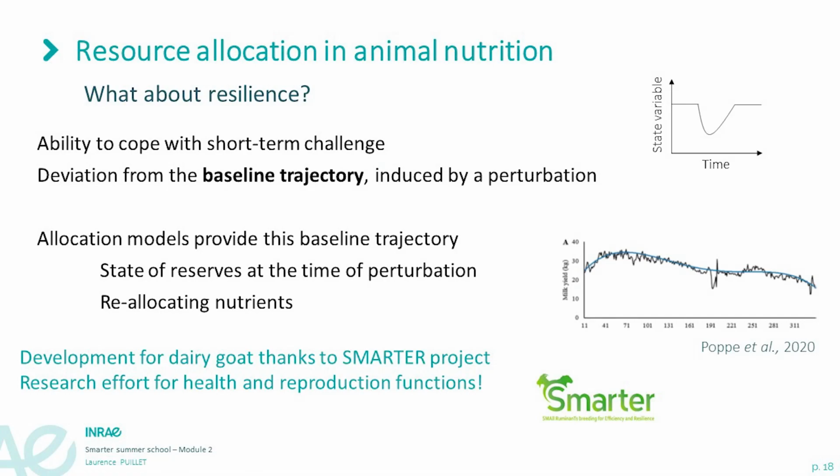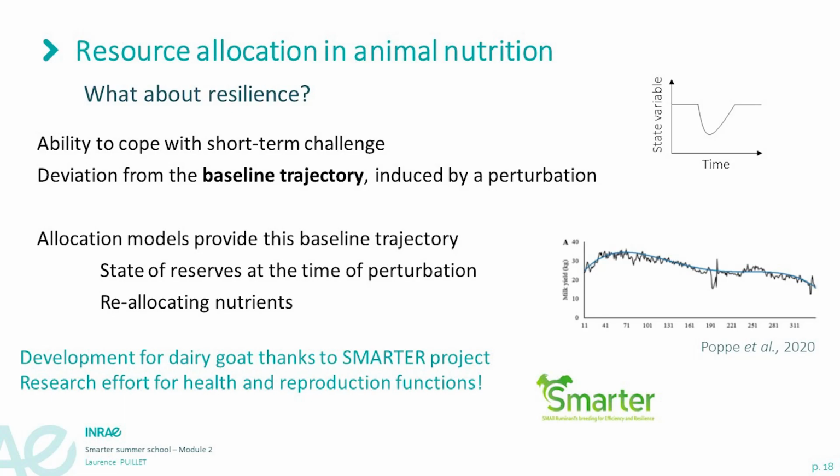Two important things, I think Nick said this morning. If you want to understand how the animal is deviating from the trajectory, you need to know the state of body reserves at the time of perturbation. So it's kind of an accumulated story. Maybe there will be a reallocation of nutrients, but if you want to reallocate, you need to know how it's allocated. It's basic, but this is the link we are making.